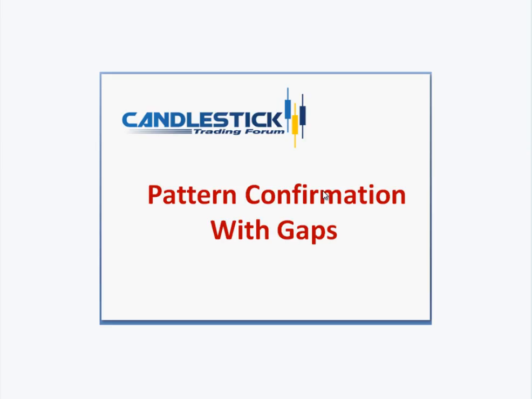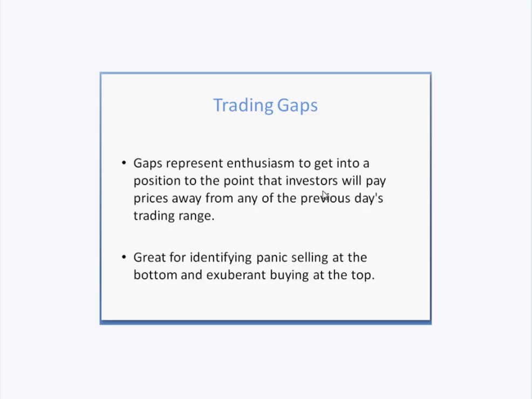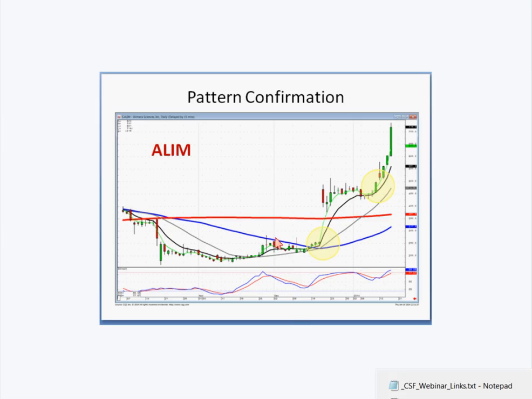Well, what we're looking for is pattern confirmation with gaps, because the trading gap is basically that enthusiasm coming into a trade or a trend that tells you there's a drastic change of investor sentiment. Anyways, what we're looking for is that change of investor sentiment. And if we can identify it based upon a pattern, like the slow curve, that tells us we've got potentially more upside. Or if we see the little scoop pattern, slow curve just gives us setup.